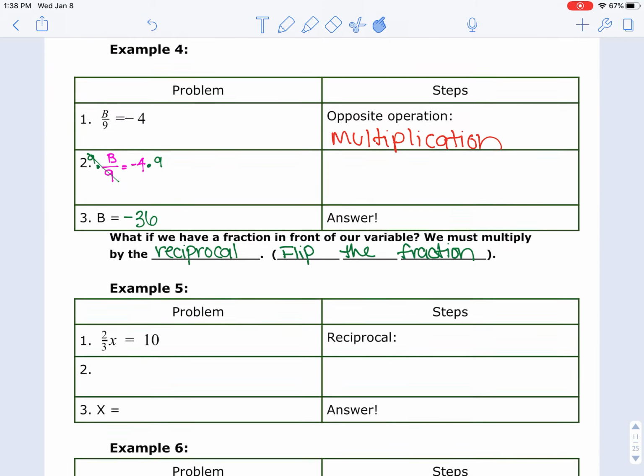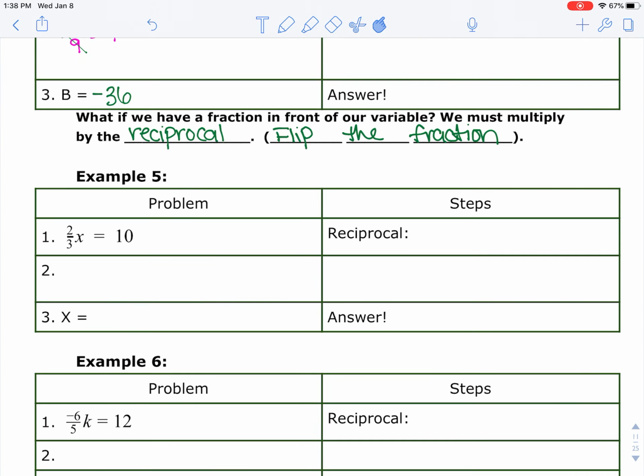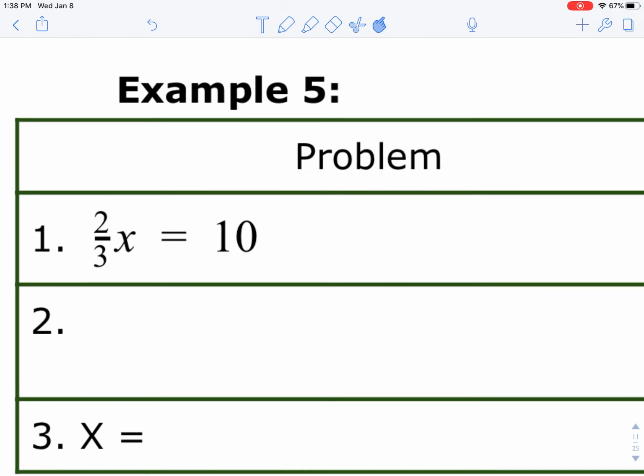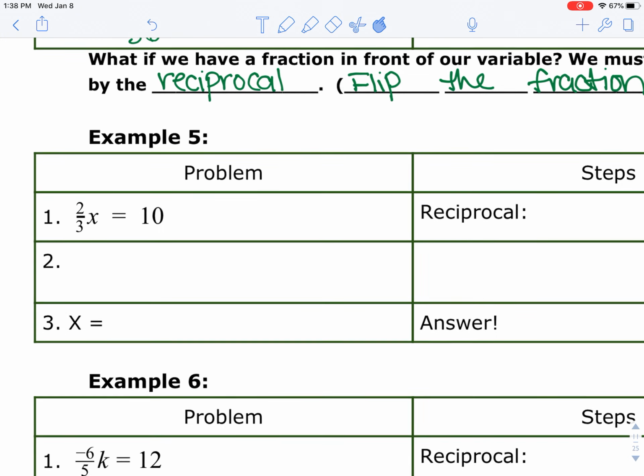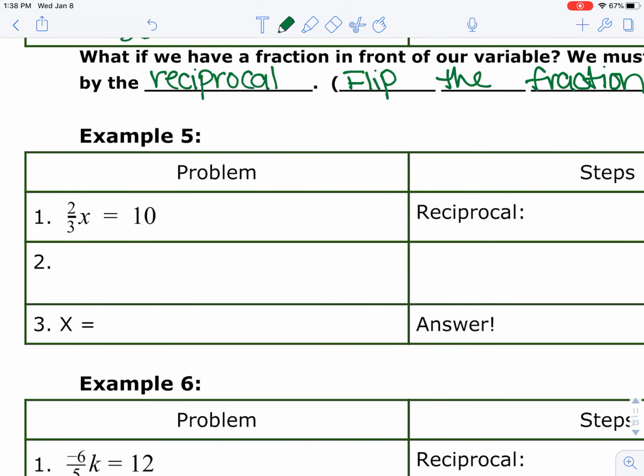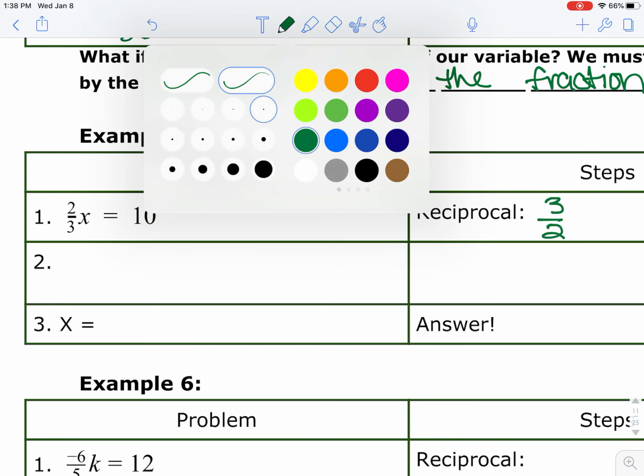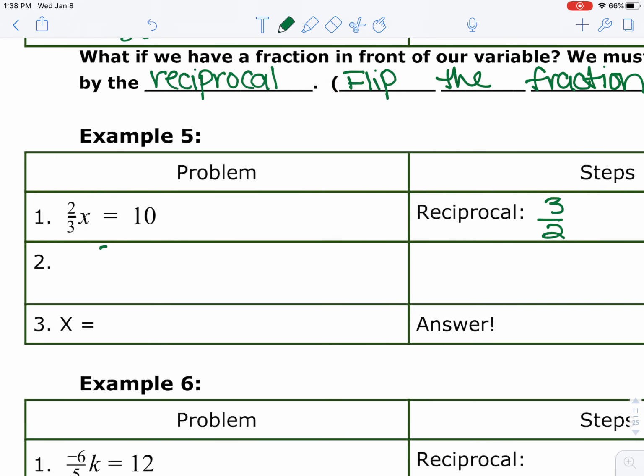Okay, so in that example number 5, we have 2/3. In order to get that to cancel out, my reciprocal would have to be 3/2. So I want to multiply both sides by 3/2.